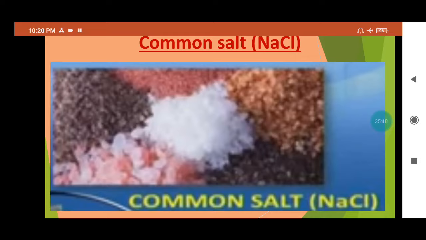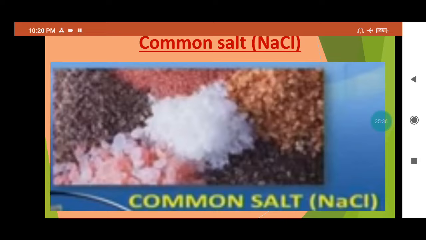Why is this salt very important, children? It is very important because it is used as a raw material for the preparation of various salts such as sodium hydroxide and also bleaching powder. Baking soda and washing soda can also be prepared from this salt. Do you know? They are prepared from NaCl.